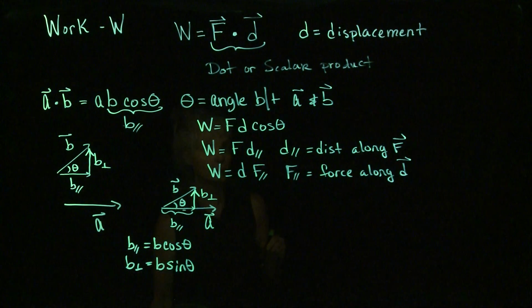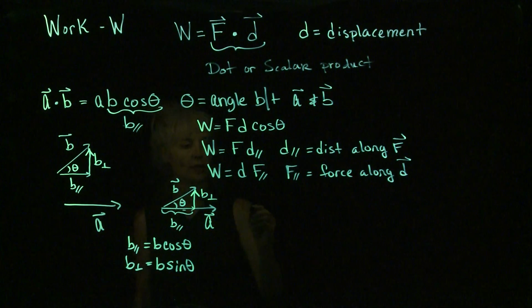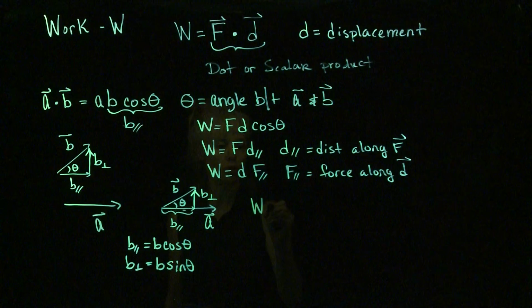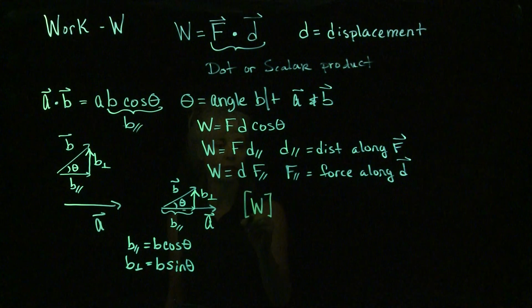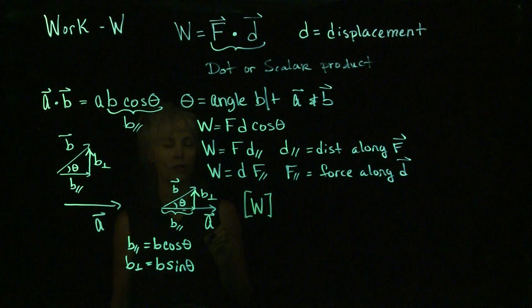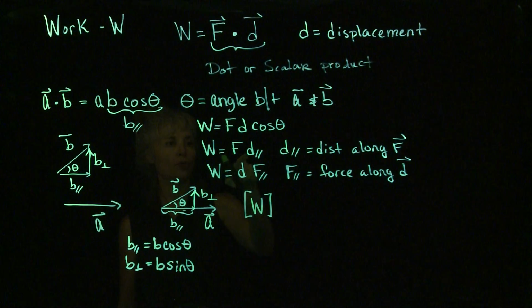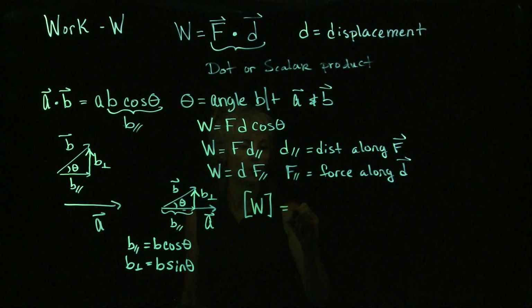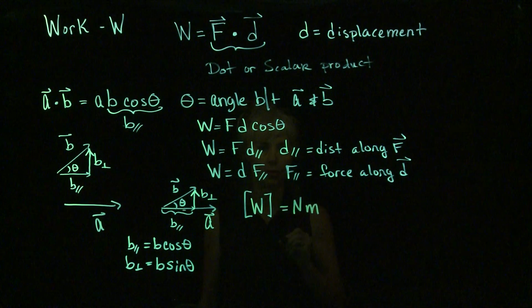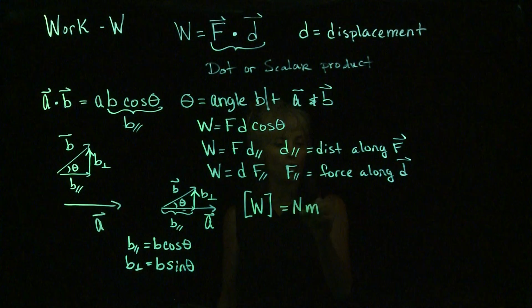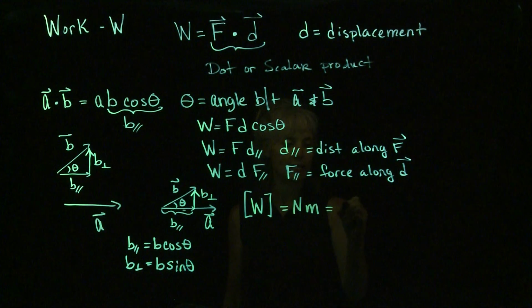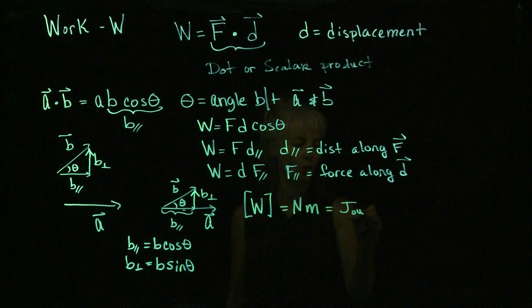So let's look at the units we're going to have for work, okay? So the units for work, remember when we put brackets around a quantity, we're just talking about that quantity's units. The units for work are going to be the units for force times the units for displacement. Well, the units for force are newtons, and the units for displacement are meters. And so a Newton meter, in honor of a scientist named Joule, is going to be called a joule.